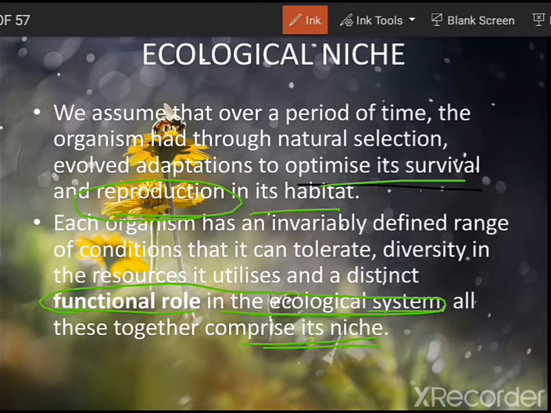So this is a NEET exam question and also a board exam question. They can directly ask the definition of niche. What is niche? Niche is the functional role of an organism in the ecological system, and this specialization is due to natural selection and obtaining an adaptive feature.